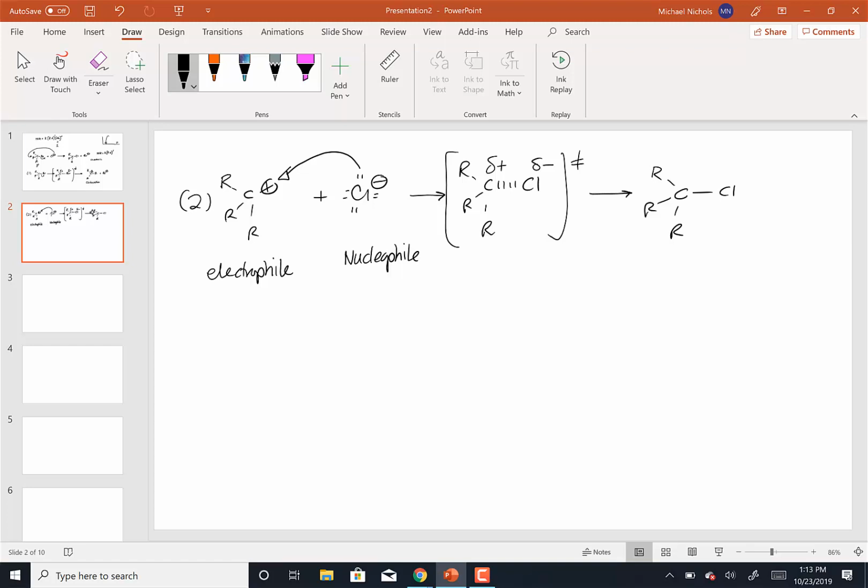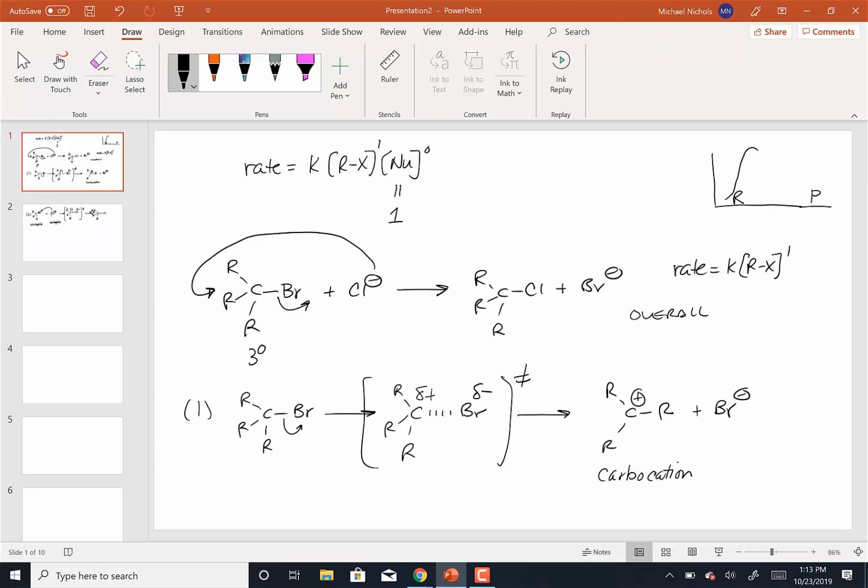Okay. So if we go back and we look at the reaction coordinate diagram, after you form the first transition state, the energy goes down, but then it forms the carbocation intermediate, goes into a second transition state, and then to the final product. So that would be the reaction coordinate diagram for this reaction. It has two transition states and two peaks, one valley.